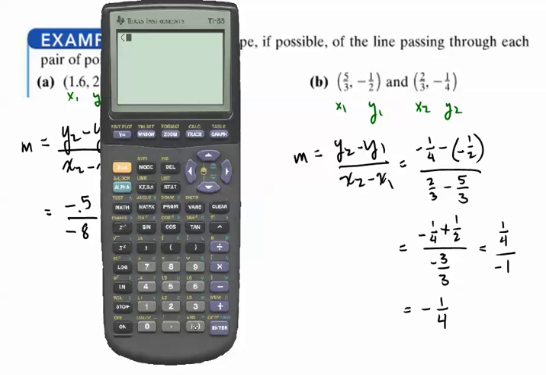So we're going to have negative 1 divided by 4 minus parentheses negative 1 divided by 2, close parentheses, divided by open parentheses 2 divided by 3 minus 5 divided by 3, close parentheses, and we get negative 0.25, math, fraction, negative 1/4. Now that went pretty fast, but you can review the video and see how that works.